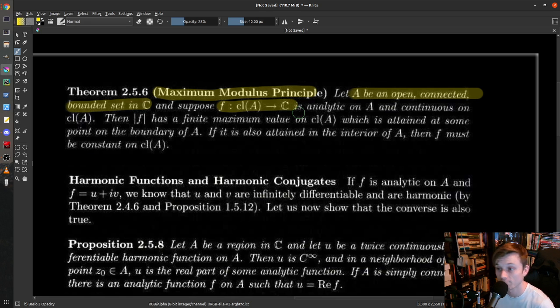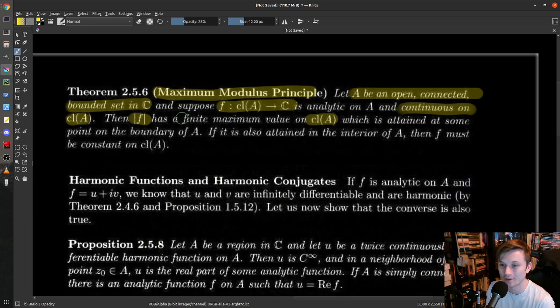So that means, analyticity obviously gives you continuity on A, but continuous on its closure means that it's also continuous on the boundary, right? So continuous on the closure is important. Then the modulus of f, the absolute value, has a finite maximum value on the closure of A, which is attained at some point on the boundary of A.